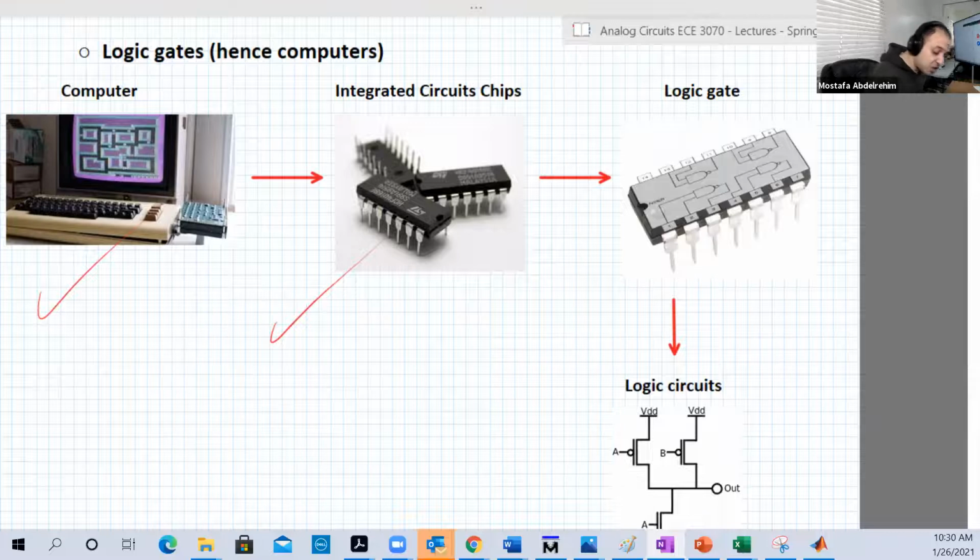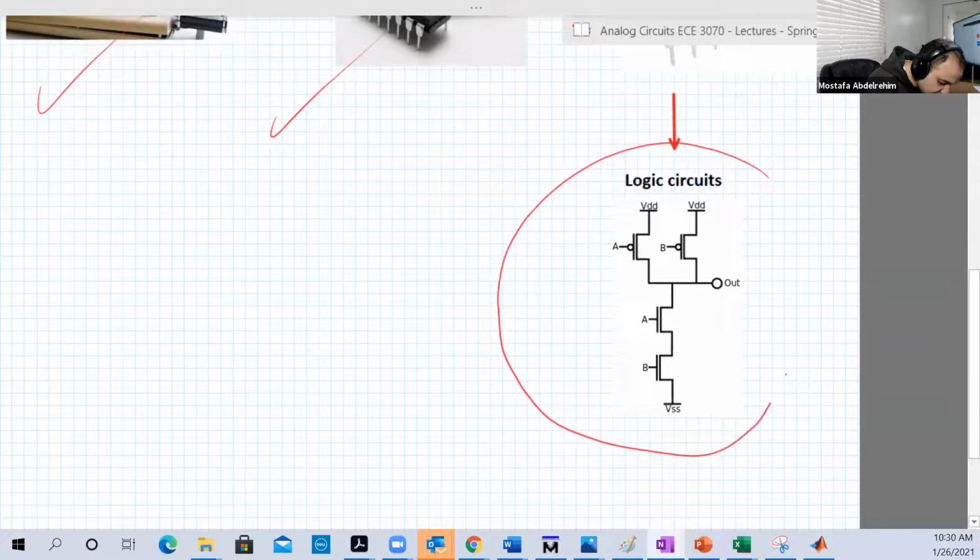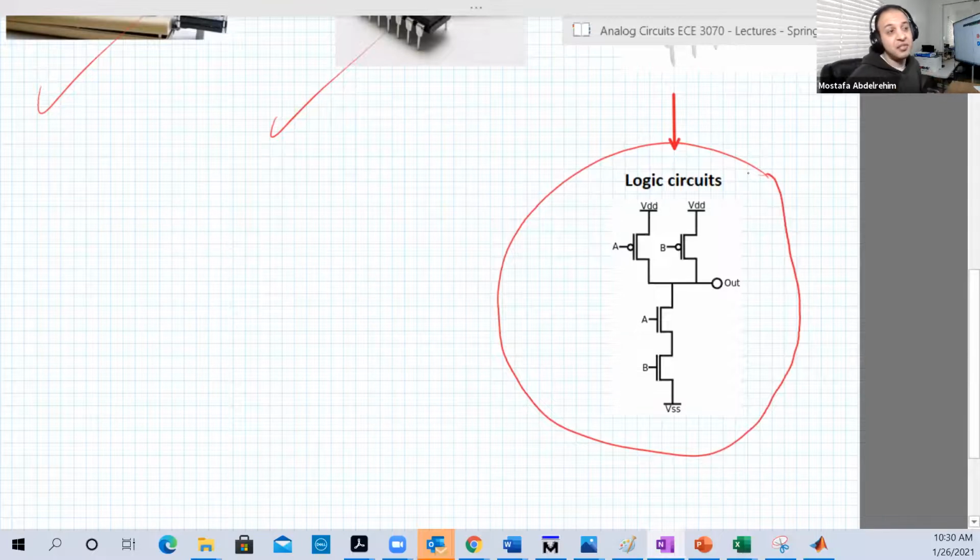Each chip has what's called logic gates, like this one, for example. This is called a logic gate. And then each one of these logic gates contains a circuit like this. So at the end, we go to the circuit level.